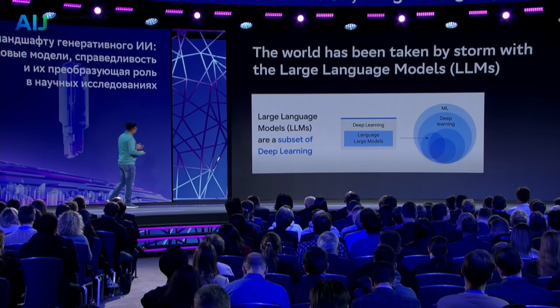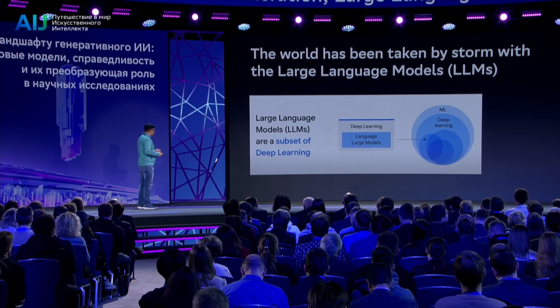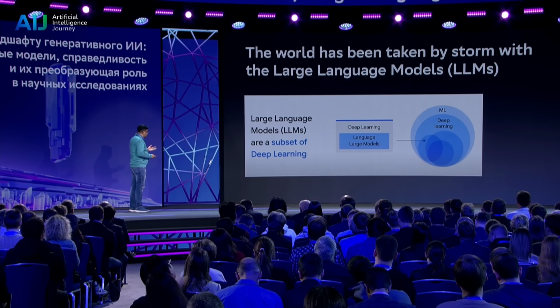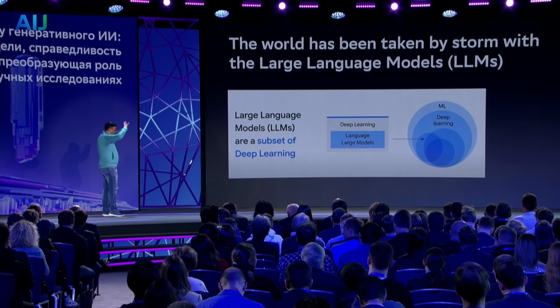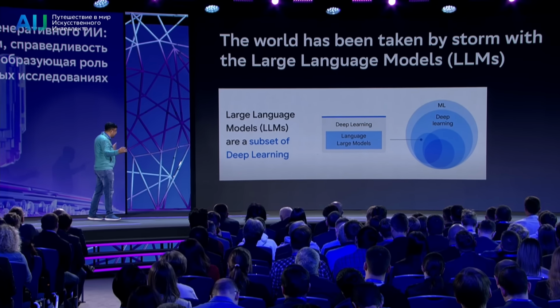So algebra plus statistics actually gives rise to category theory, which should be used for the proper analysis of this sort of large language models. If I look at this, large language models are a subset of deep learning. The idea is artificial intelligence, the bigger umbrella.